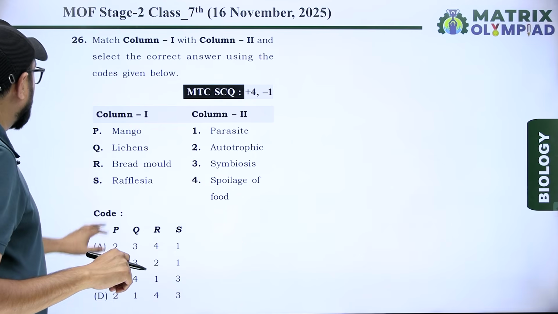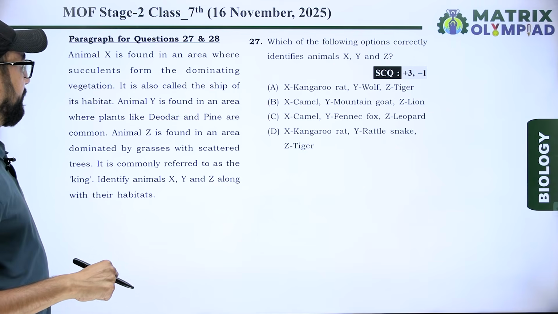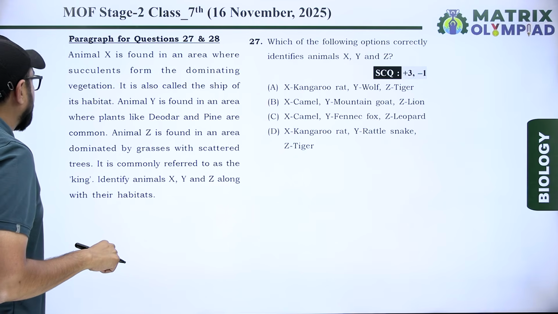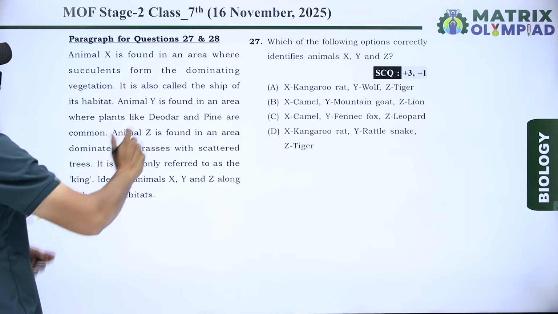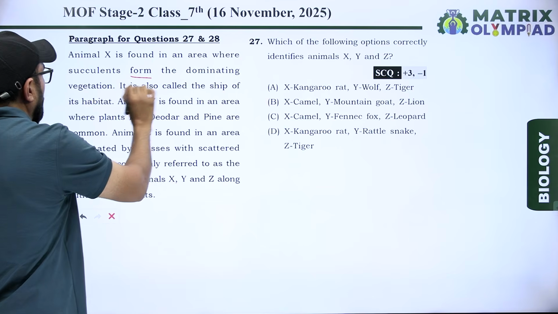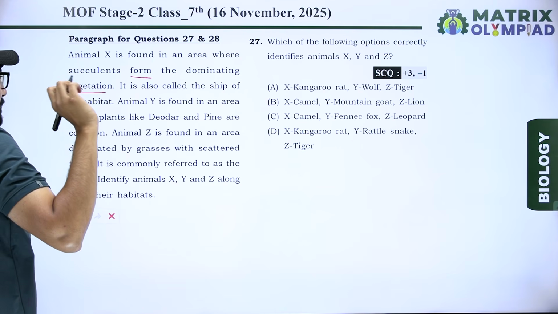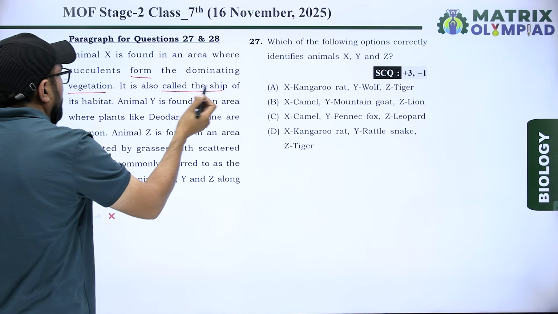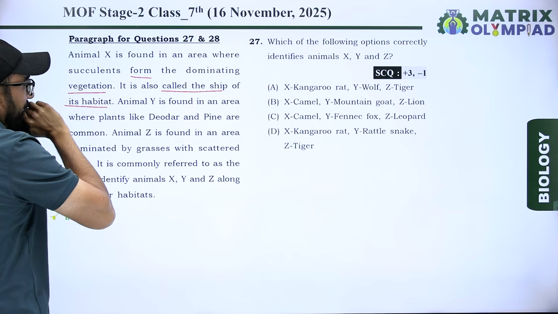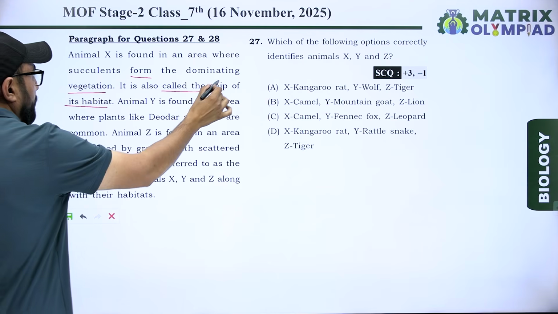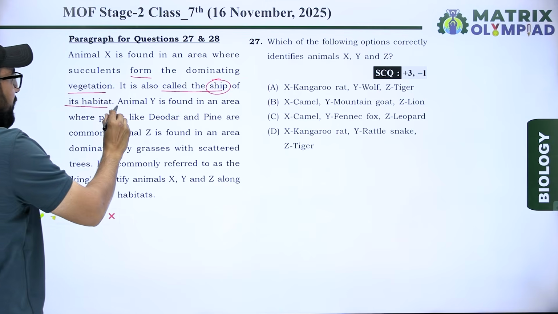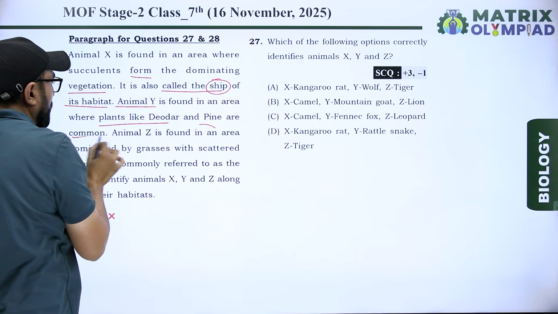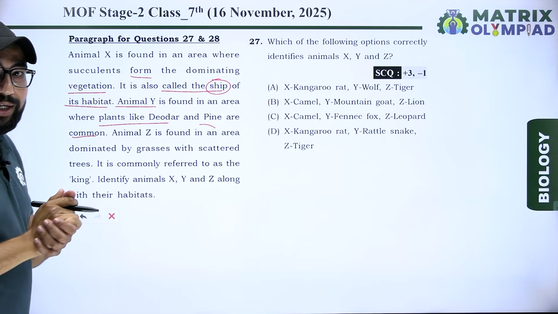Next question is a paragraph question. Animals X, Y, and Z. Animal X is found in an area with cool climate and little dominating vegetation. It means desert area. It is also called the ship of the habitat. It means camel. Animal Y is found in an area where plants like deodar and pine are common. It means mountain area.